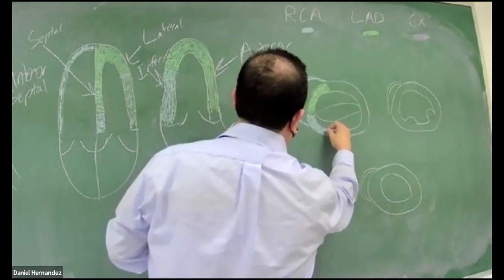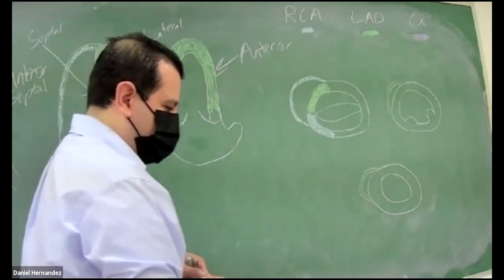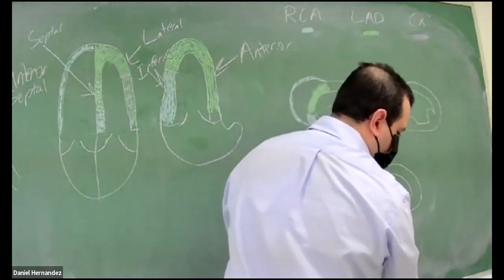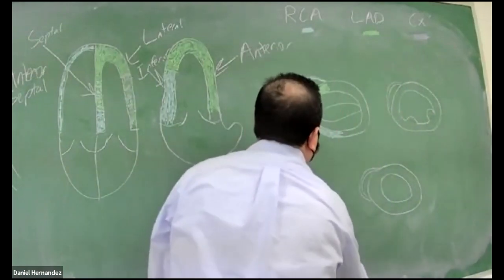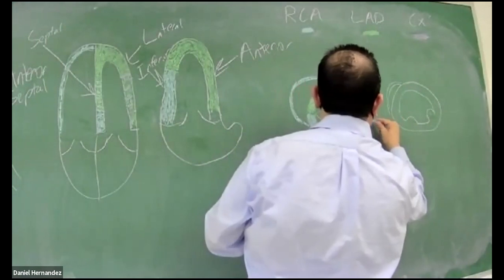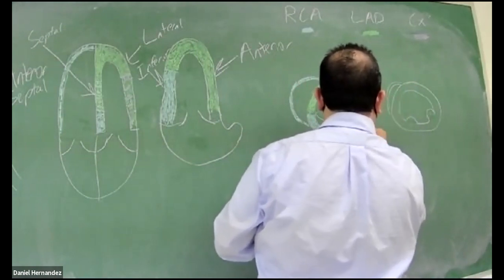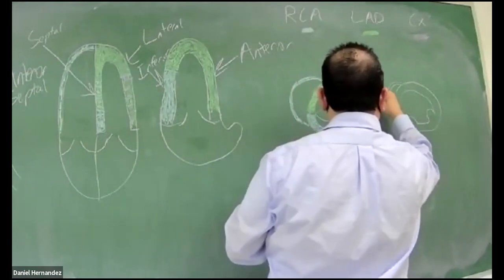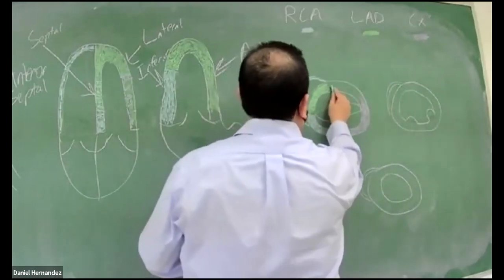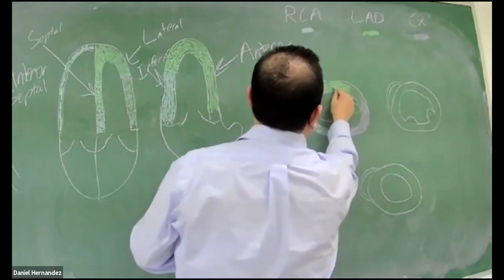So then we also have a section of the inferior wall, and we have our circumflex coming around this side. We have our anterior wall for LAD.